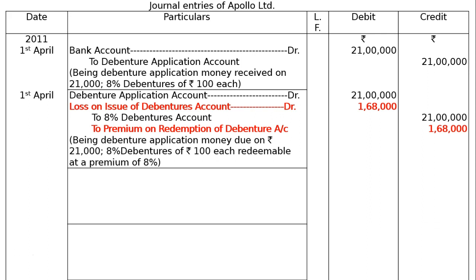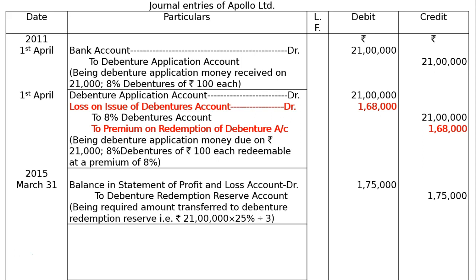Next one is on 31st March 2015. You have to go back to the question book and see the company decided to transfer the required amount to debenture redemption reserve in 3 annual equal installments starting with 31st March 2015.